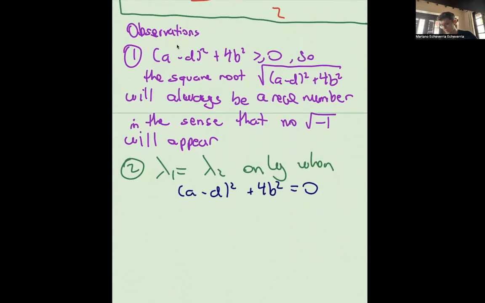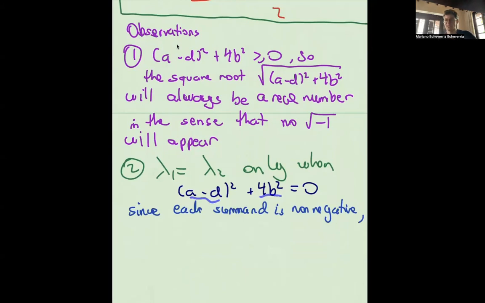But here's the thing: each of these numbers, because it's a square, is a non-negative number. Each summand is non-negative. How can the sum of two non-negative numbers be equal to 0?